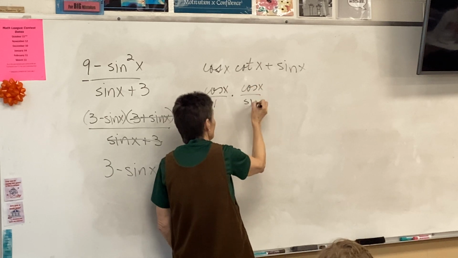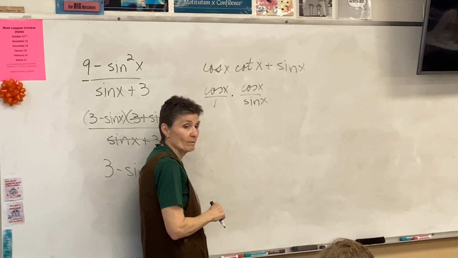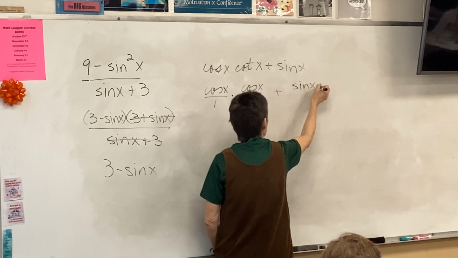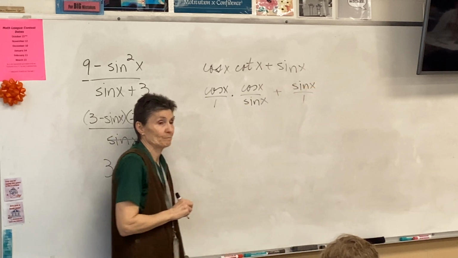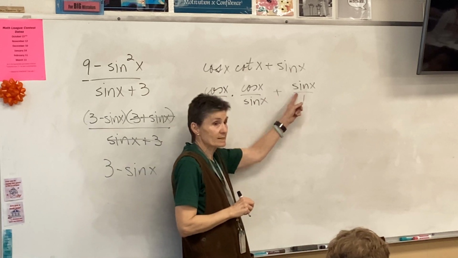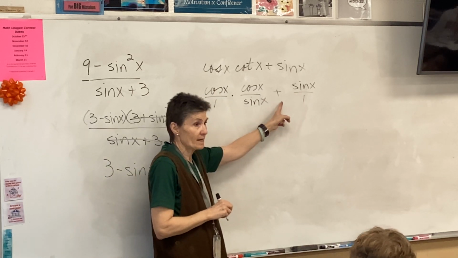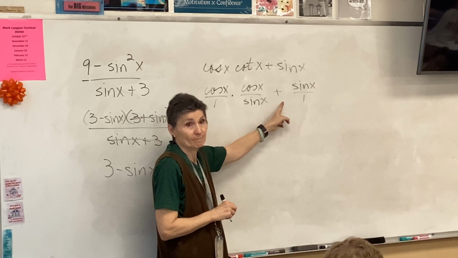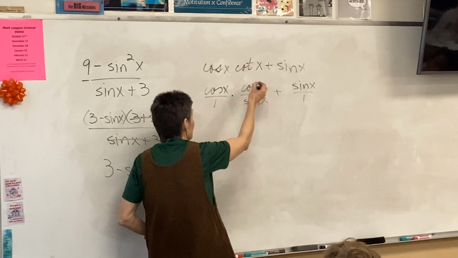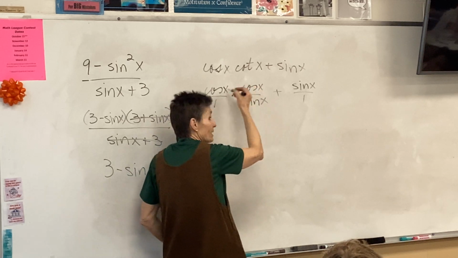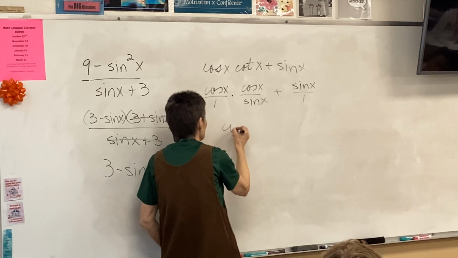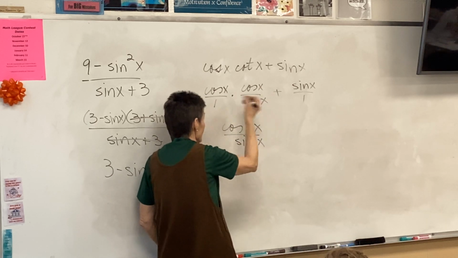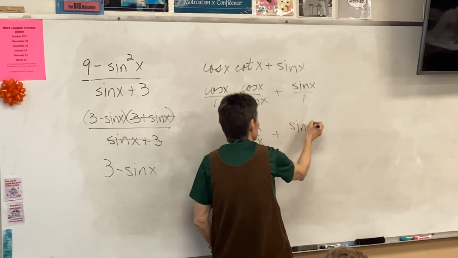Cosine over sine. You will have your little half reference sheet. Plus, and this is just sine over 1. Now, be very, very careful. Can I cancel these? No, because that is a plus, and I can only cancel when it's a times, okay? Does anything here cancel? No. I have cosine squared over sine. Nothing cancels. Plus sine over 1.